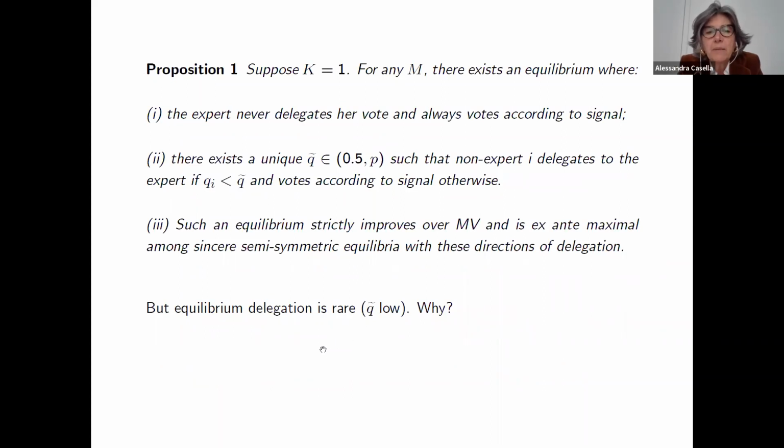Intuitively, we know it should be rare because we don't want to lose the richness of information. We are fighting with Condorcet. All this information that is dispersed among the less precise non-experts is nevertheless valuable, so there cannot be too much delegation. And because we know that this equilibrium improves over majority voting and is ex ante maximal, it must be that in equilibrium the threshold is indeed low. So only people whose information is very imprecise will delegate.